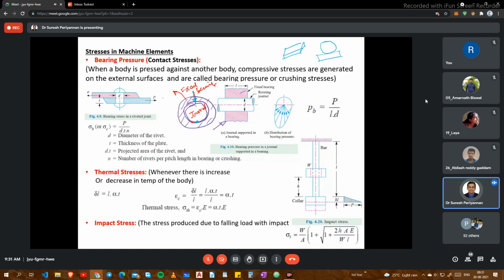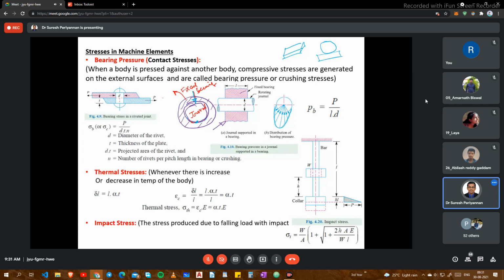When you apply the external load on the journal, the gap is filled with lubricant oil. During that time, at this point of contact, more bearing pressure is acting. This is the bearing pressure profile when the journal is freely rotating with the help of the appropriate lubricant oil.